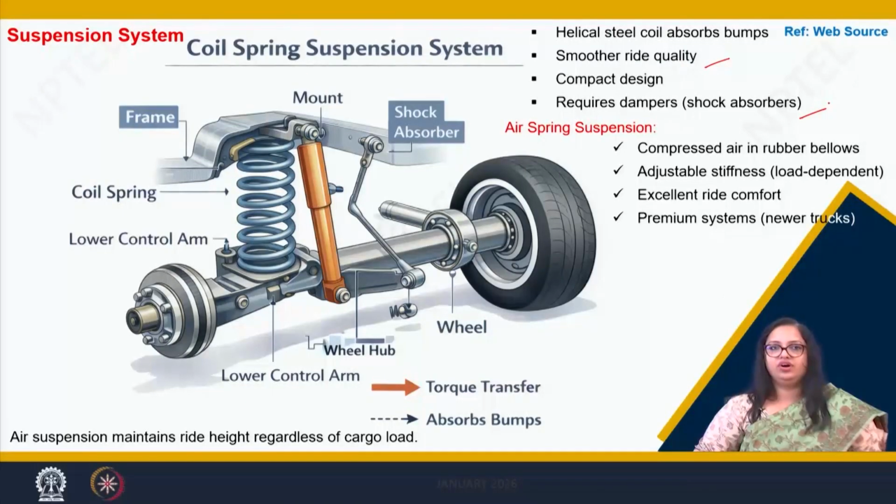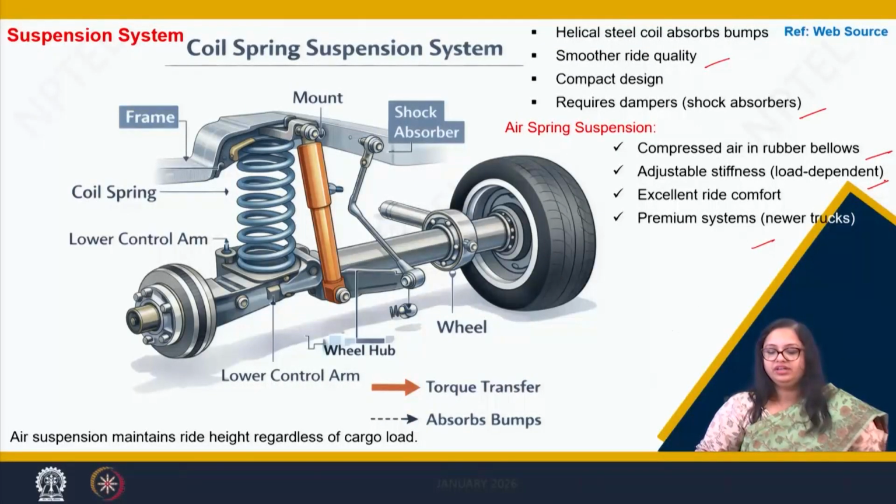There is again another kind of suspension system which we see in newer vehicles, that is the air spring suspension system, where there is compressed air in rubber bellows. What is its advantage? It has adjustable stiffness, which can be varied depending on the load.